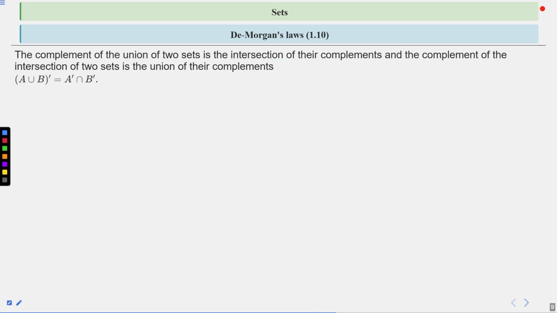So the previous example shows this property or law, and this law we call De Morgan's law. So A union B whole complement is the same as A complement intersection B complement. Similarly, A intersection B whole complement is simply A complement union B complement. Clear?